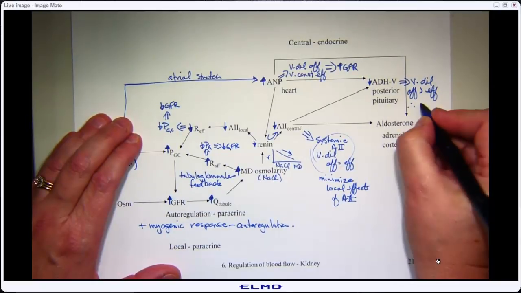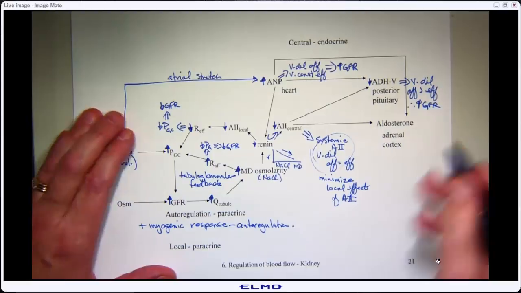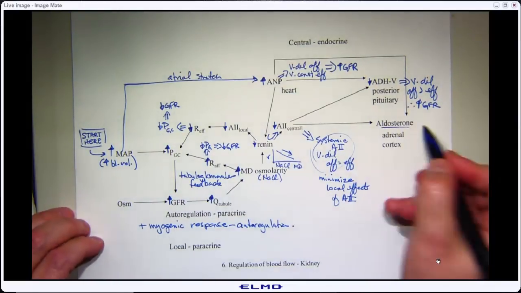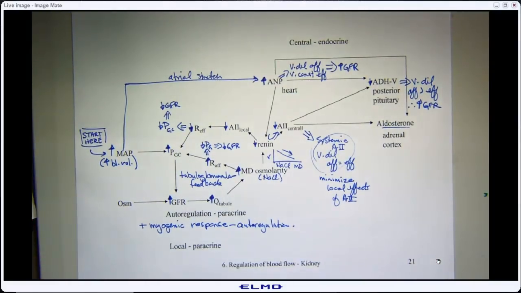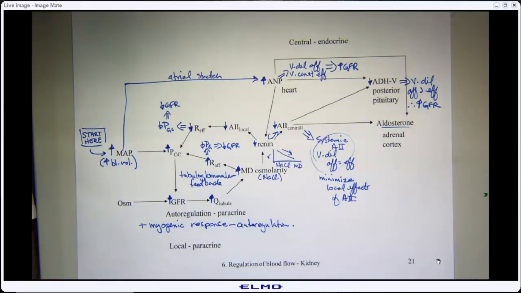Vasodilating afferents greater than efferents is going to increase GFR. We had an effect on aldosterone, which is going to affect sodium balance and water reabsorption.